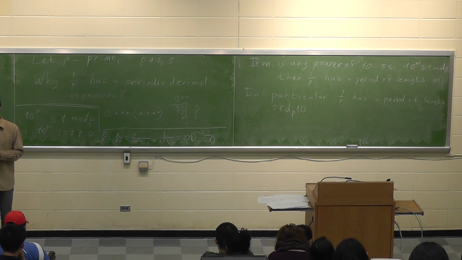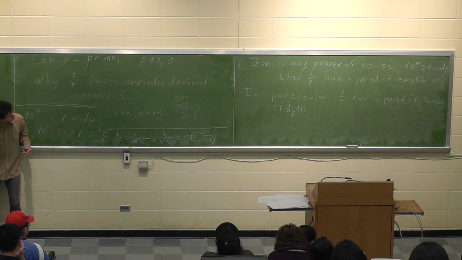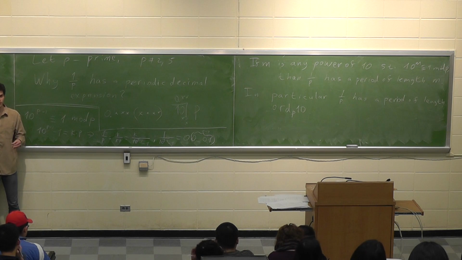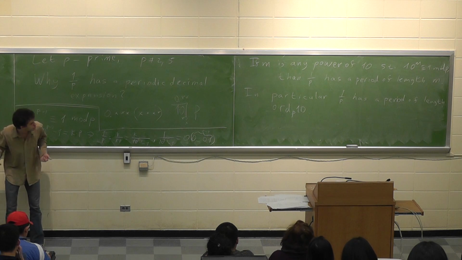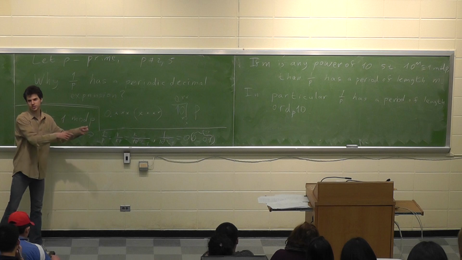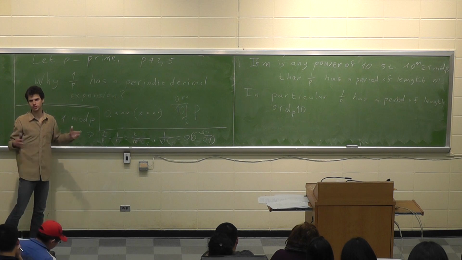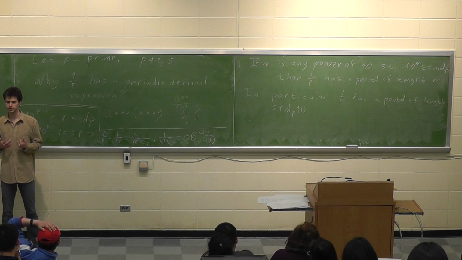So we should find a kind of converse statement. If we have a period of length k, then 10 to the power k is congruent to 1 modulo p. So we proved it in this direction, but if I'm interested in the shortest possible period, I should also prove the opposite direction.